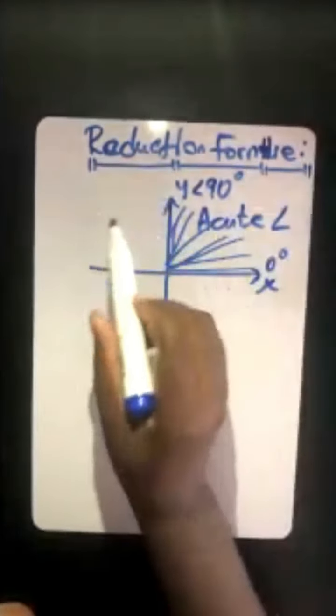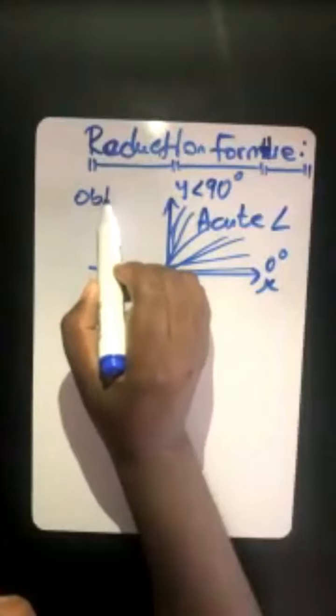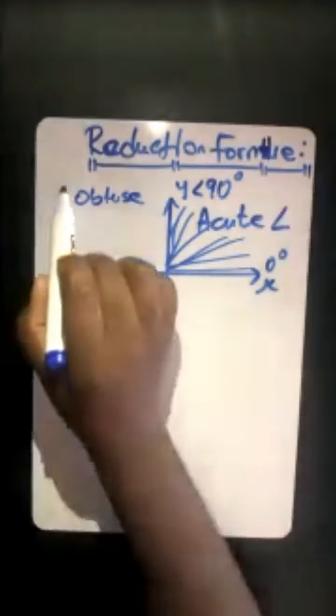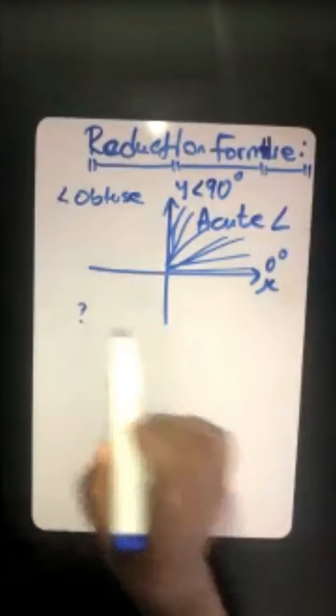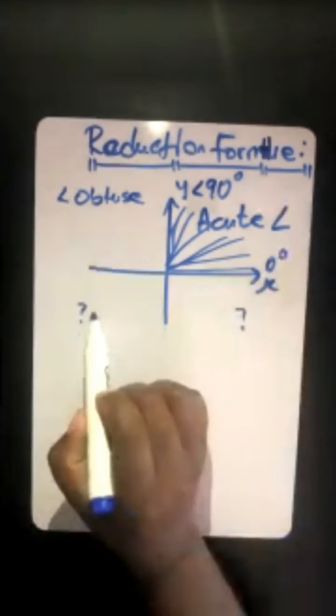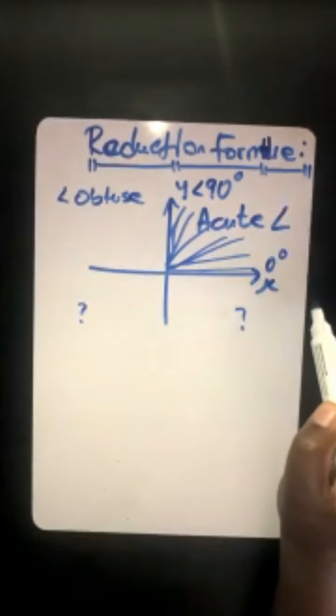And this side, what do we call this side, guys? Is it obtuse? Yes, sir. So do you still remember what this side is? In the third quadrant, sir. Third and fourth.